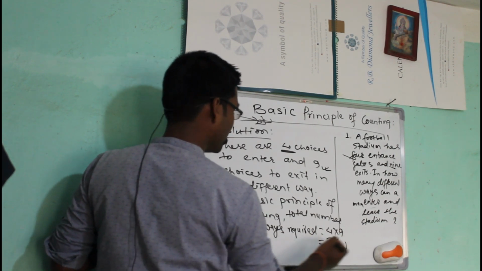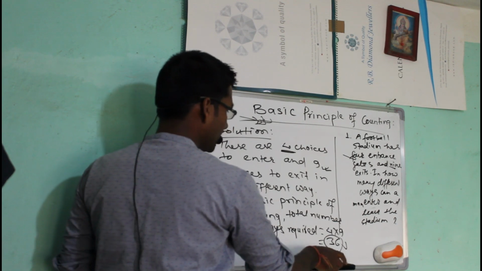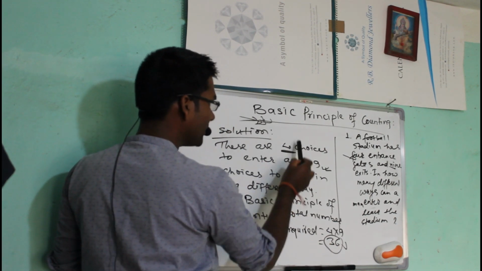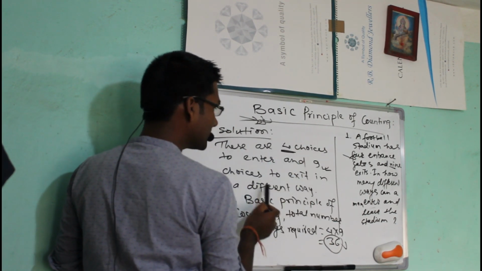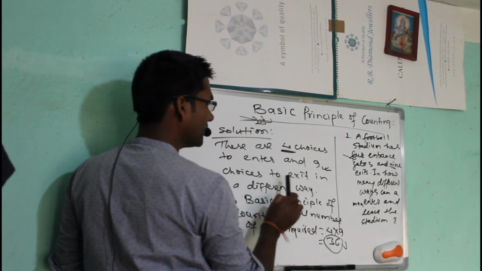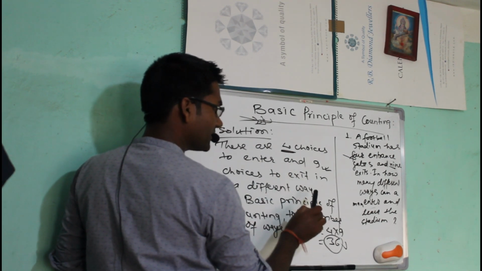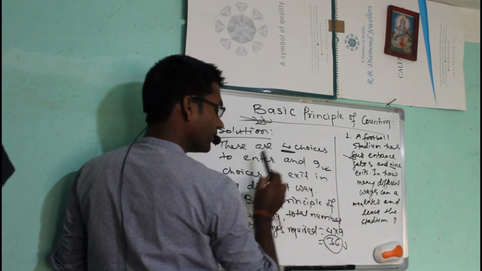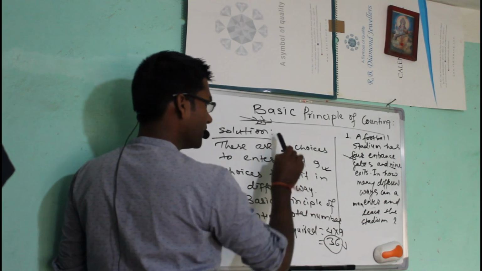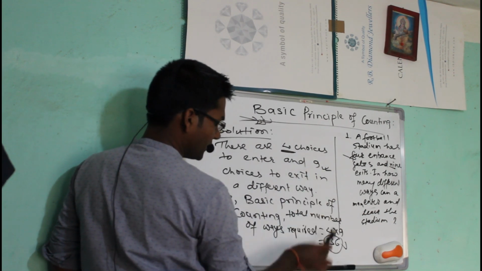That's your answer. Okay, this is 36, your answer. So we can enter independently in 4 different ways, and we can exit or leave the gate in 9 different ways. So by the basic principle of counting, the total number of ways required will be 4 into 9, 36.